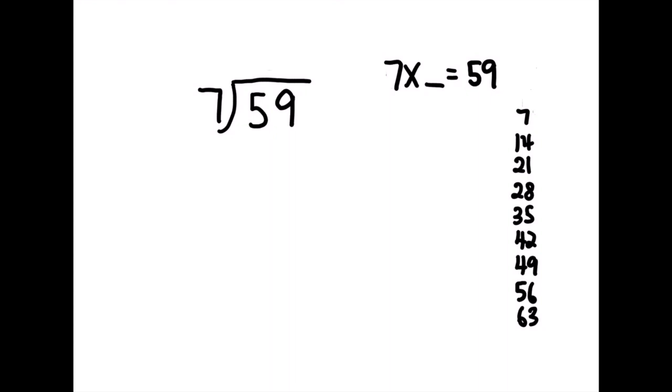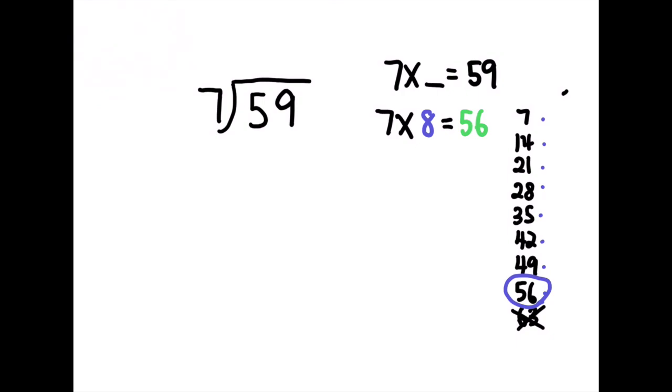So it can't be 63, which means it is 7 times 8. So 7 times 8 is 56. That's closest to 59, right? So we know that 7 times 8 equals 56.